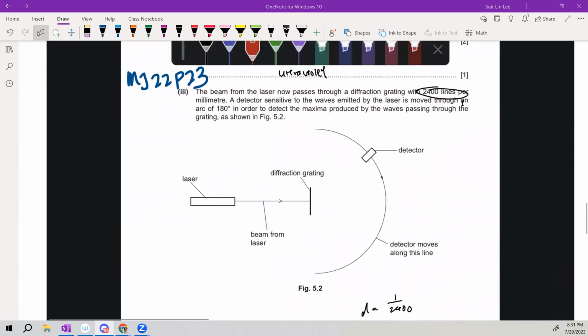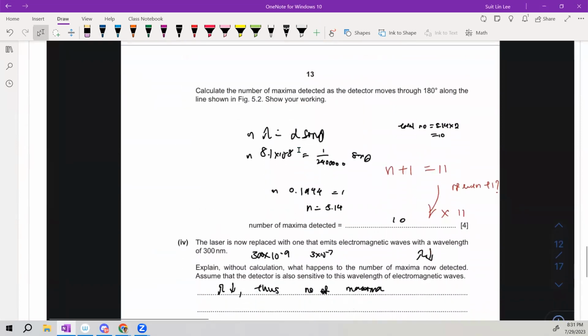Okay, so we can use the equation. Whenever I see a diffraction grating, I will use the equation d sin theta equals n lambda. If I use d sin theta equals n lambda, then I can substitute the values inside, which it looks like you have already substituted, and you find that n is equal to 5.